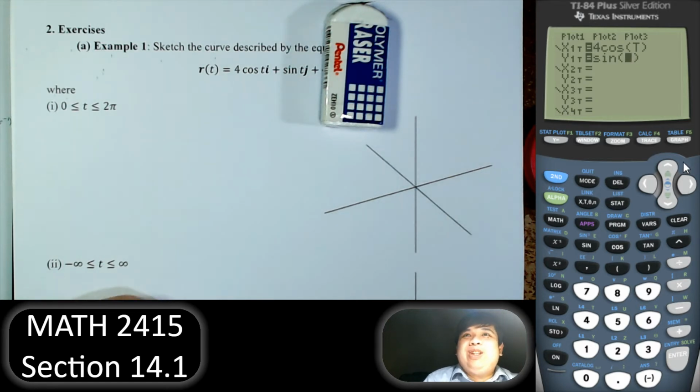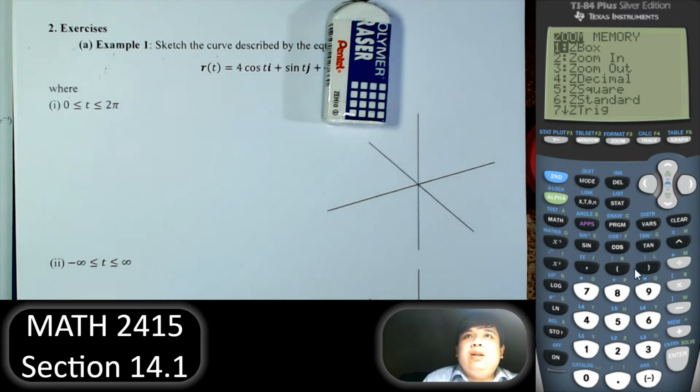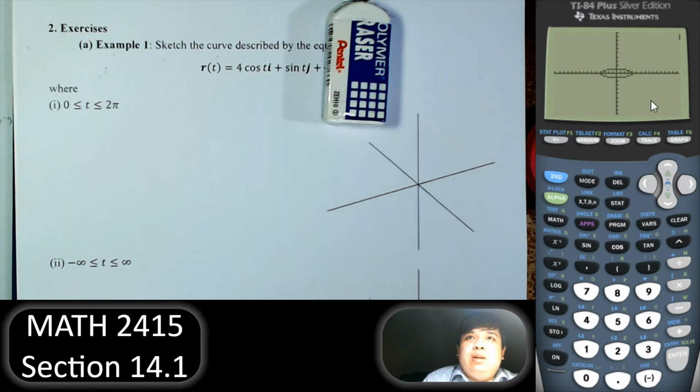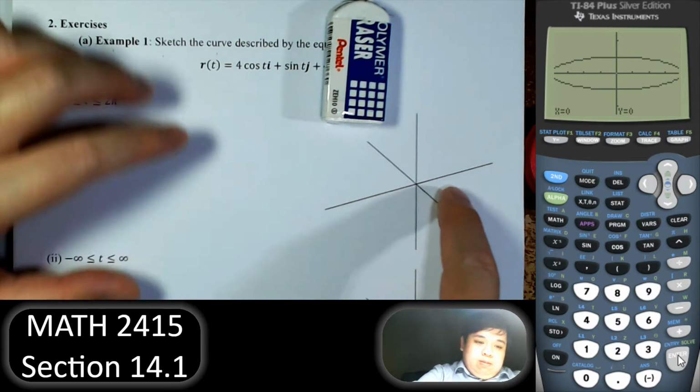There's no t here, sorry. That looks nice. Anyway, this is an ellipse. Let's see that again. Yeah, it is an ellipse, and it goes from that to that.